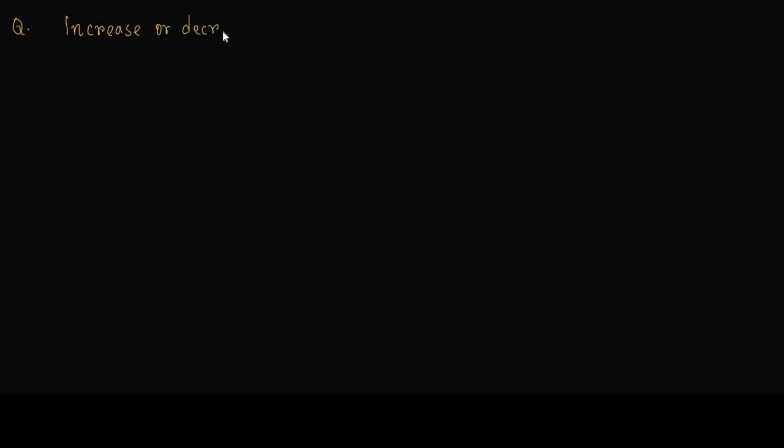Increase or decrease in time period of a pendulum clock.